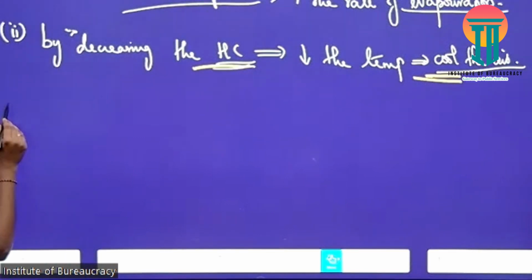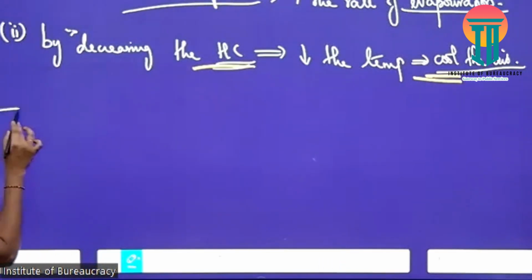Third picture: zonal distribution of relative humidity.